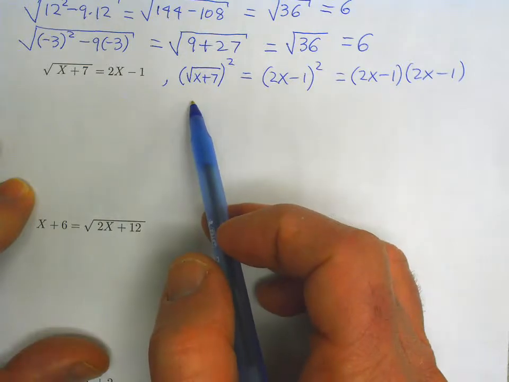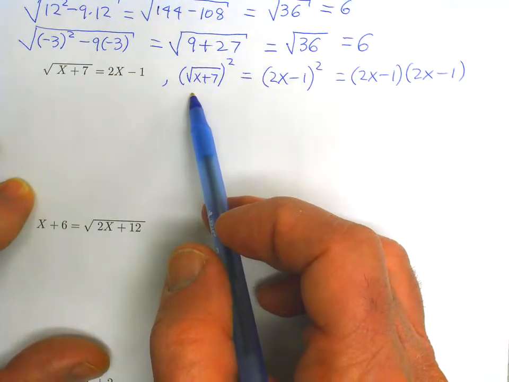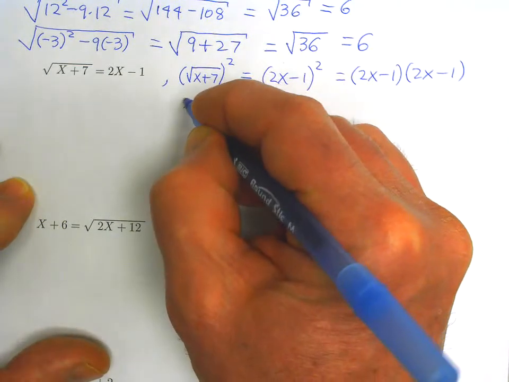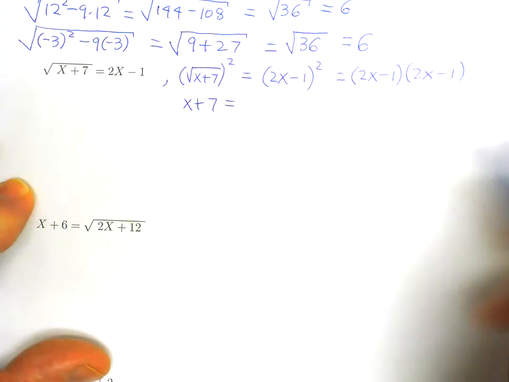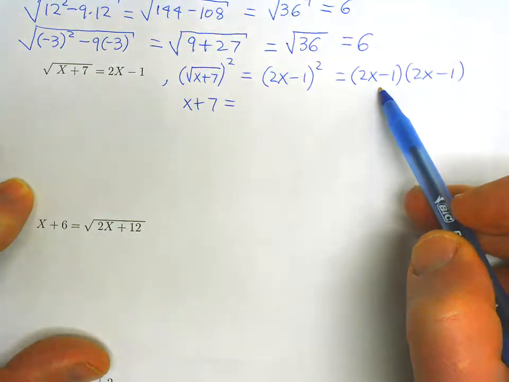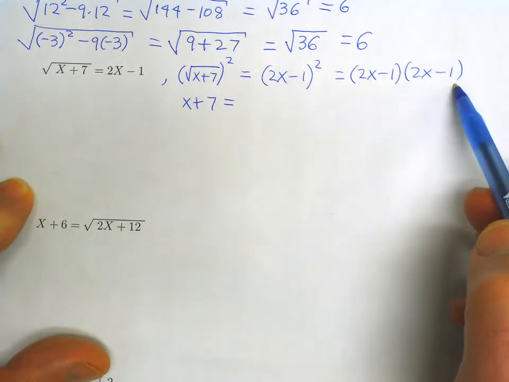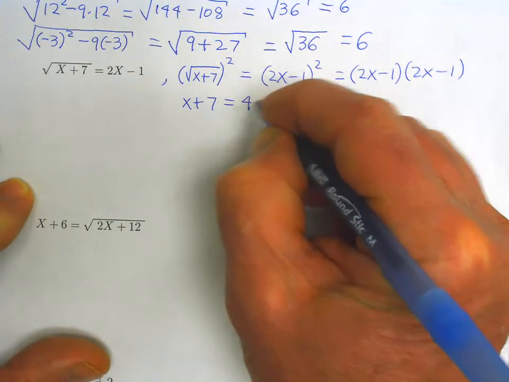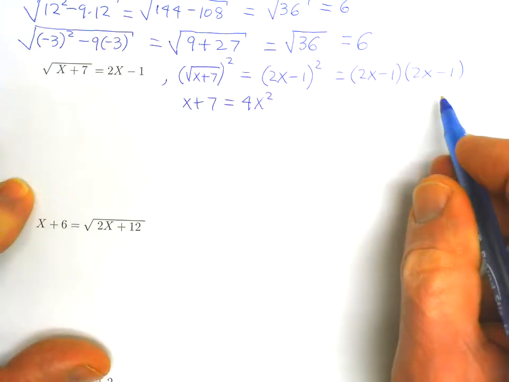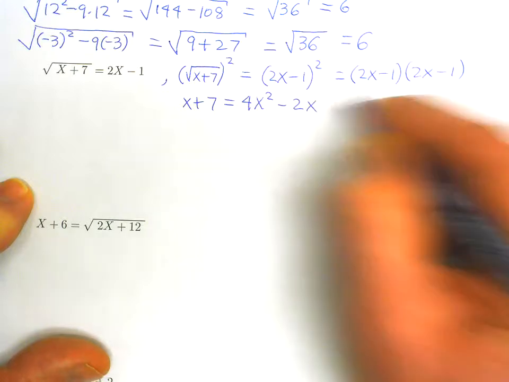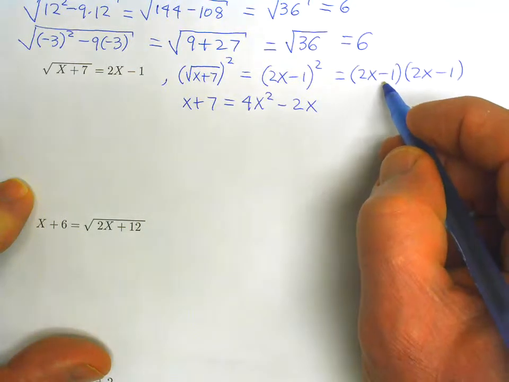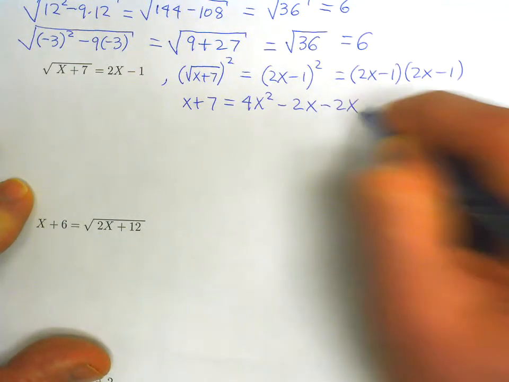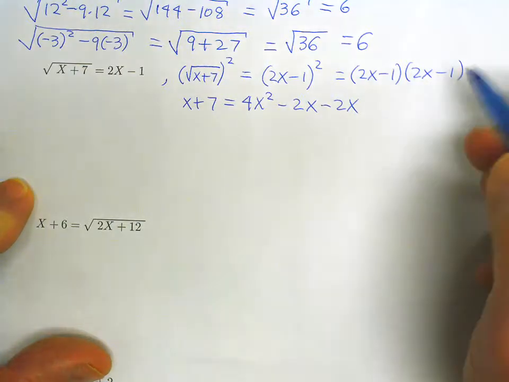Okay, so we'll do all of that. When we square the square root of x plus 7, we get x plus 7. And when we square 2x minus 1, or 2x minus 1 times 2x minus 1, we get 4x to the second minus 2x, and then minus 2x again, and negative 1 times negative 1 is positive 1.